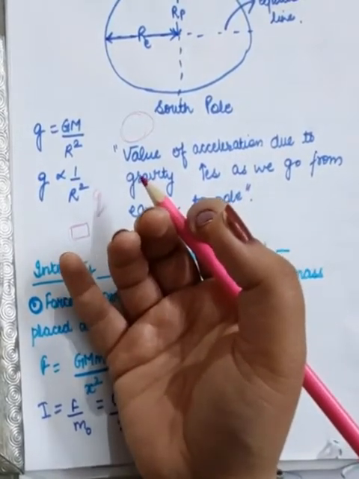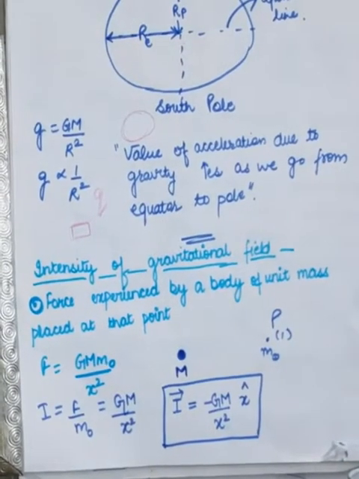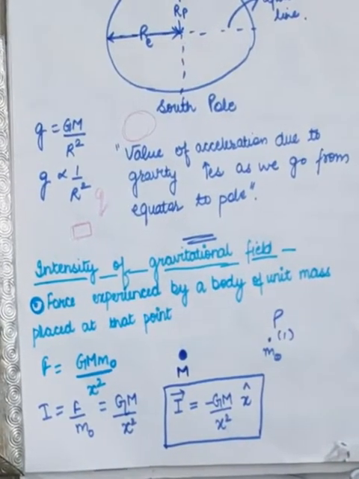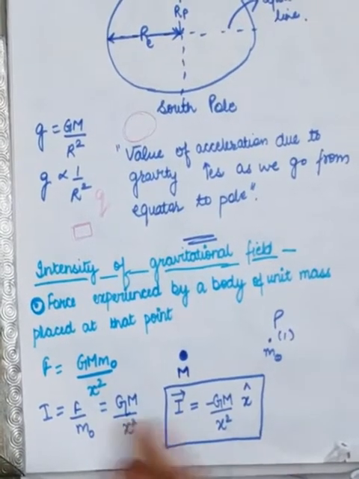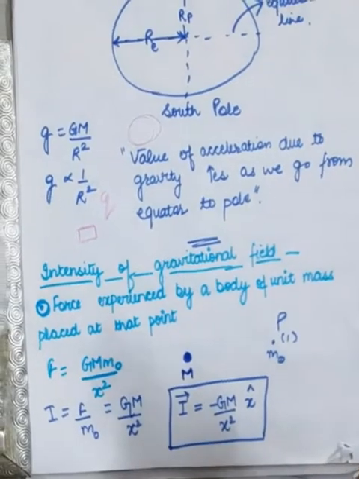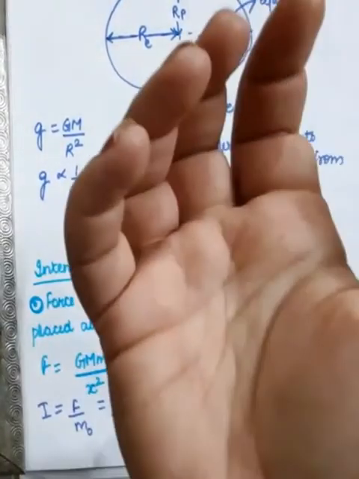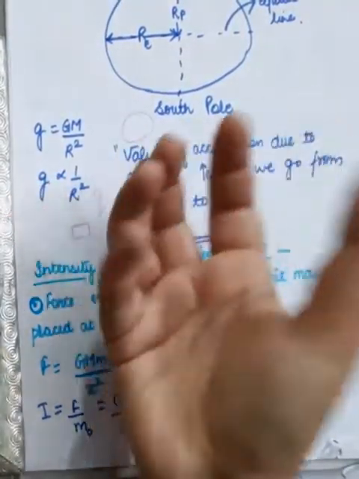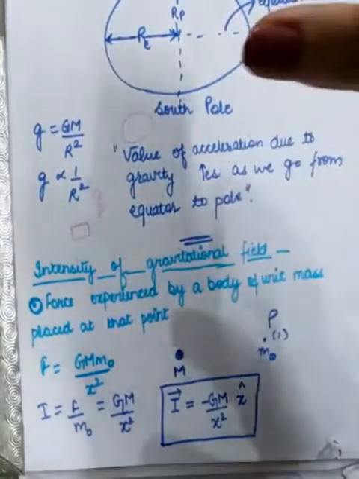But since gravitational field is not that strong, you need a very big mass to see the effect of that mass in the surroundings. For example, the sun. The sun bends the space.